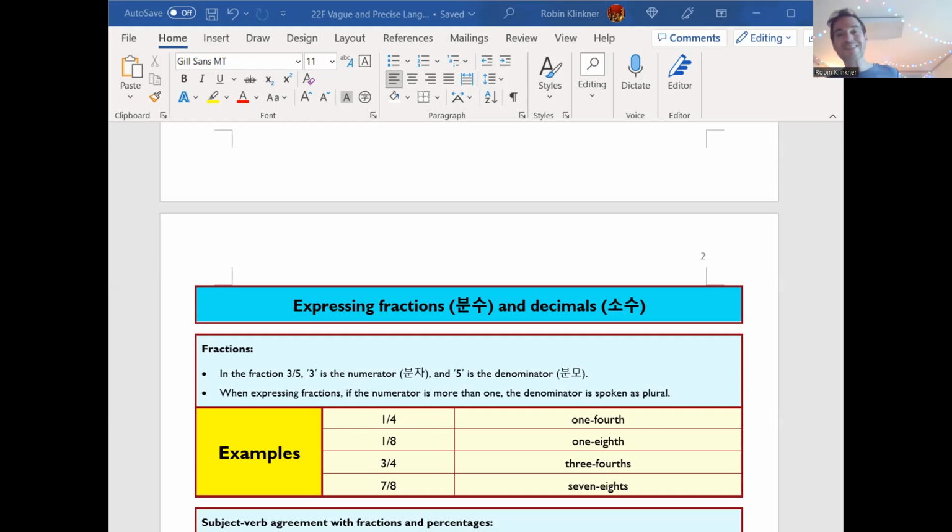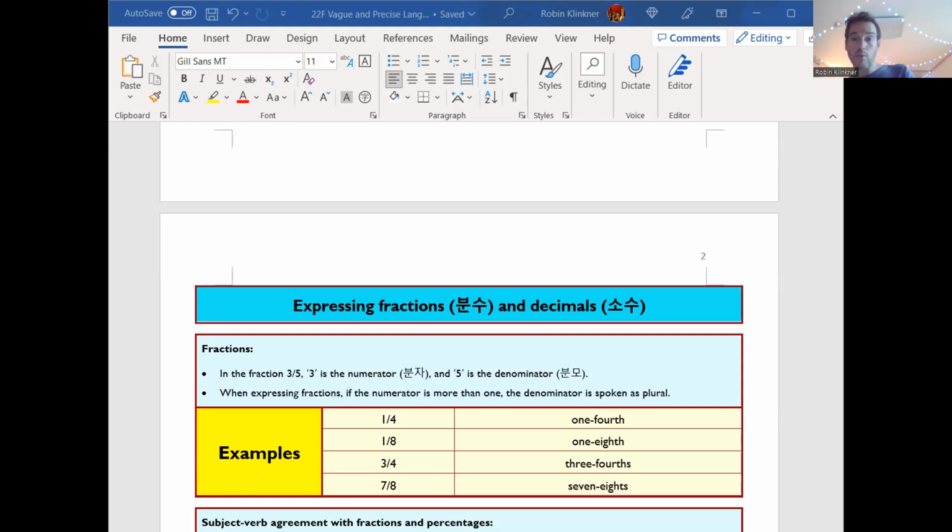So food is singular. 3/4 of the food was eaten. Food is singular. 75% of the food was eaten. Was is a singular verb. This number does not affect that. It's the subject. TV shows, plural. Just remember, we don't say dramas, TV shows. 1/2 of the TV shows are bad. 50% of the TV shows are bad.